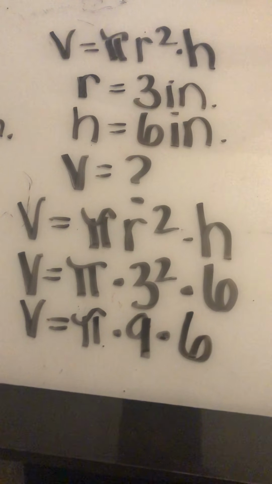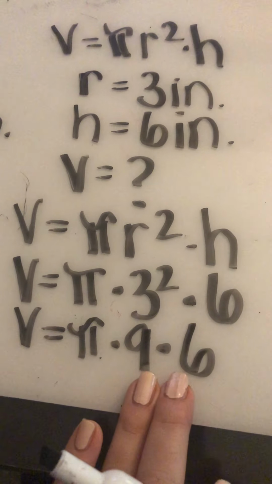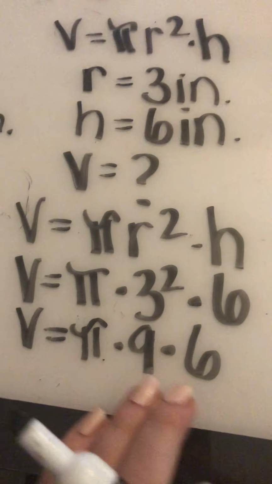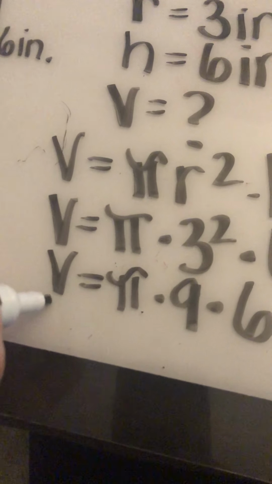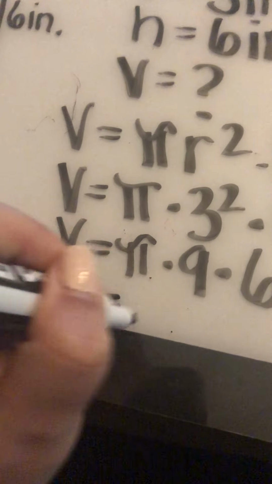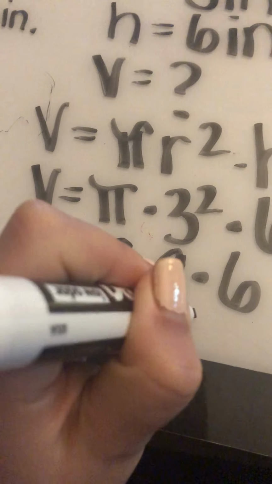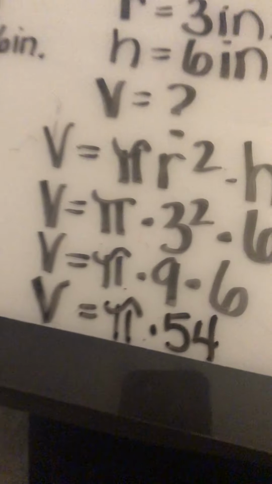Okay, exponents first. Then we can do this multiplication because we can do that in our head and just keep simplifying from there. So I'm going to rewrite that as V equals pi times 54.